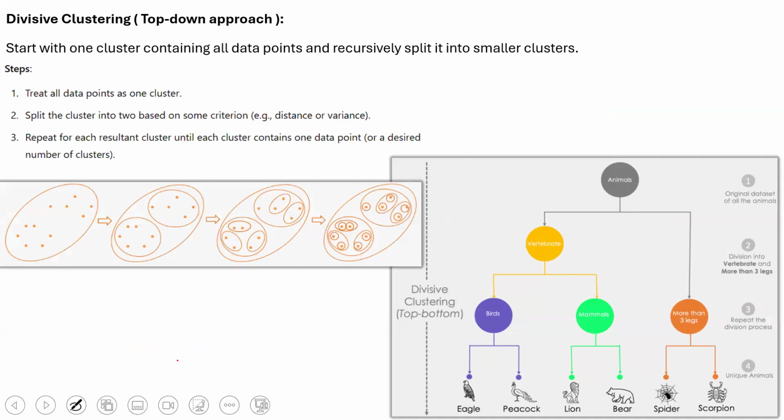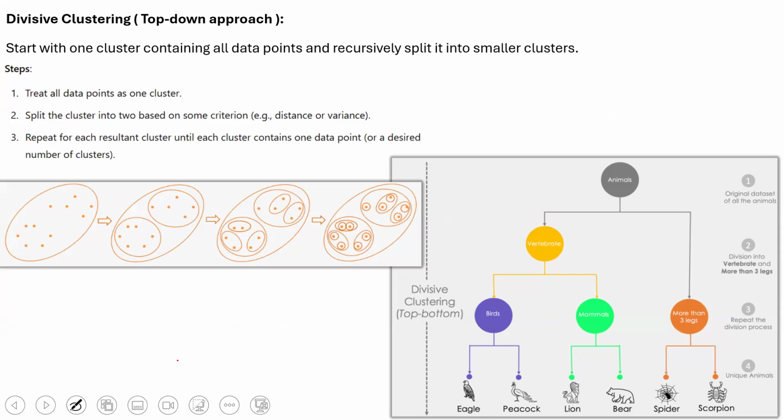Okay, and the next one is divisive clustering, which is the opposite of agglomerative clustering. In divisive clustering, we break up the cluster into smaller clusters. Okay, in agglomerative clustering, you treat every point as a single cluster, and then you join the closest points into one cluster, and you keep on doing that until you get one single cluster.